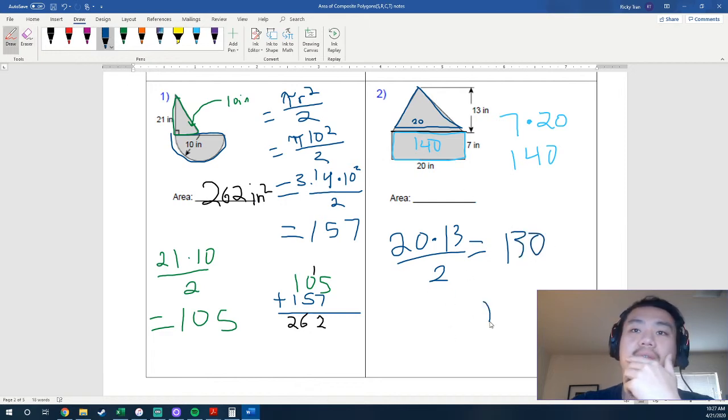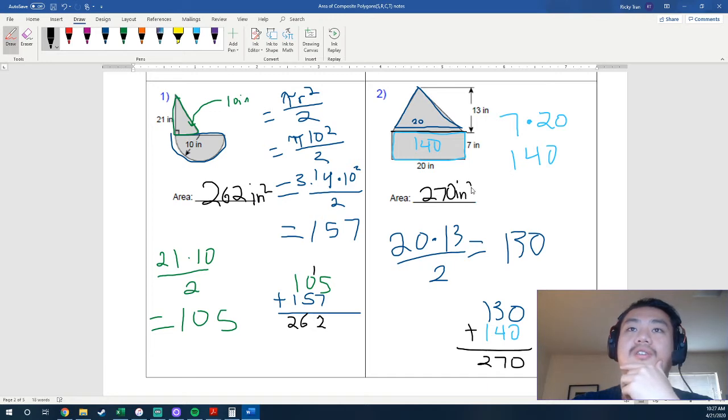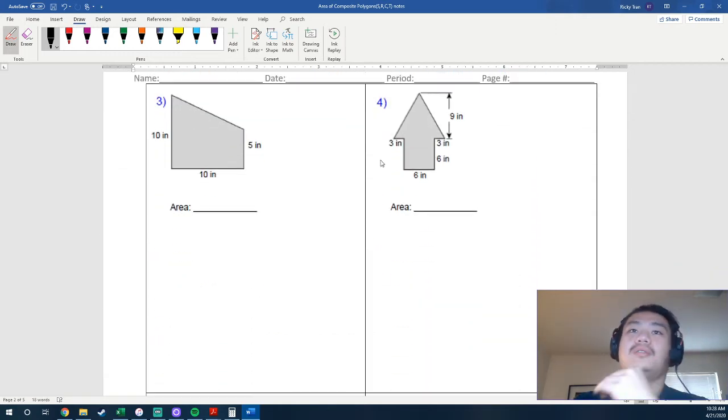Then you just take 130 and 140 and add them together, 270. So 270 inches squared. All right, almost there, guys.